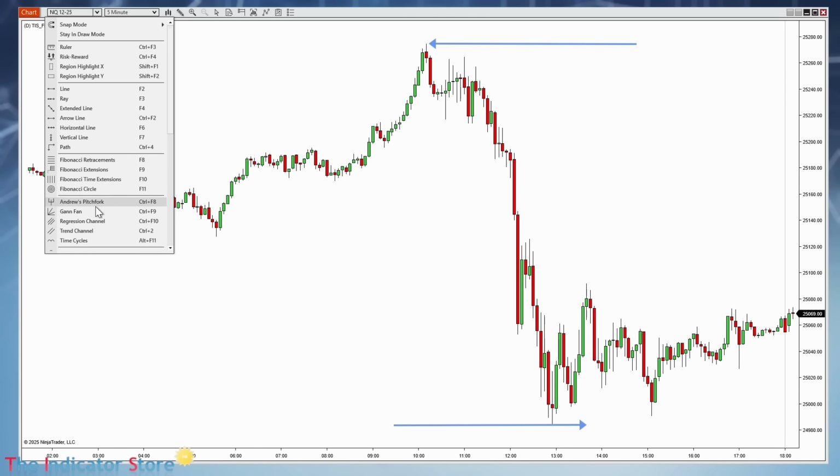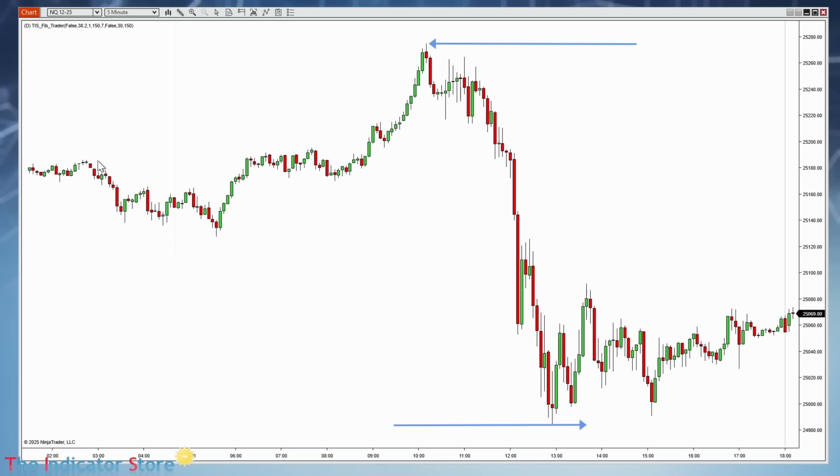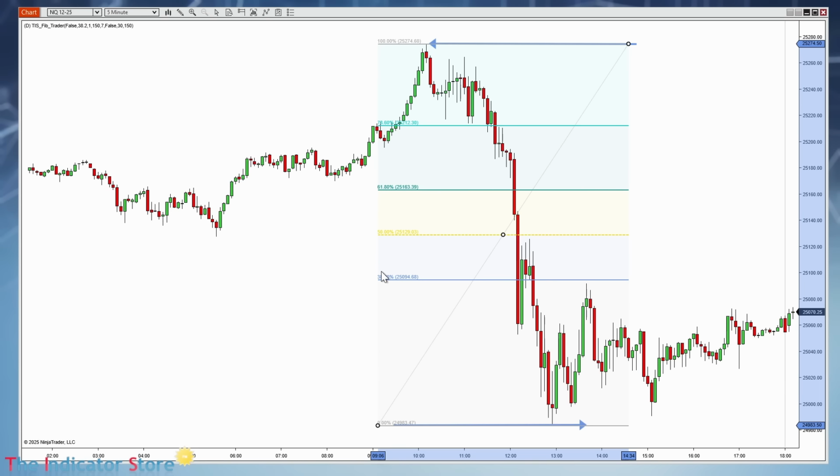If we are going to the downside, then we draw the fib to the downside. And then we can trade different fib levels. This is an example. Let's say that we want to trade the 38%, then we have a possible entry here.